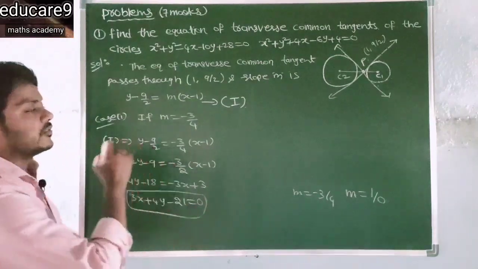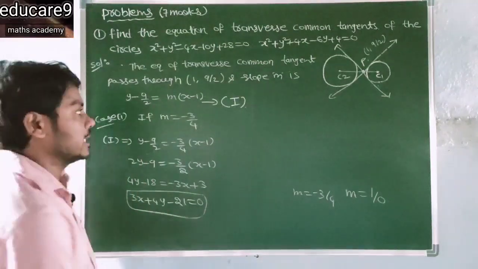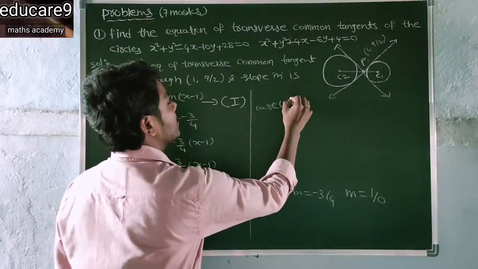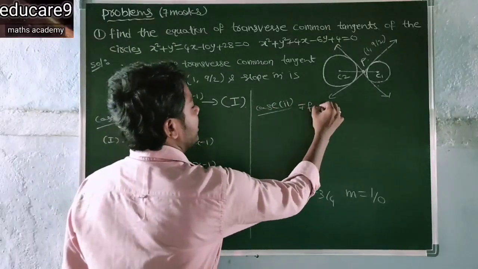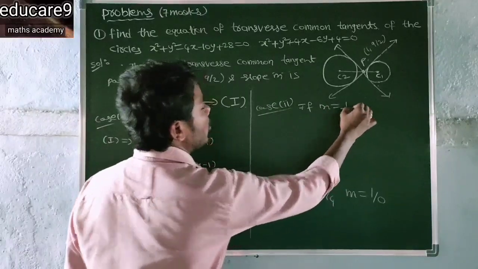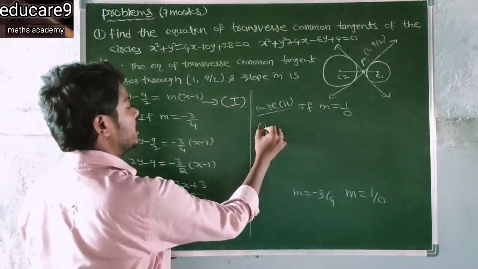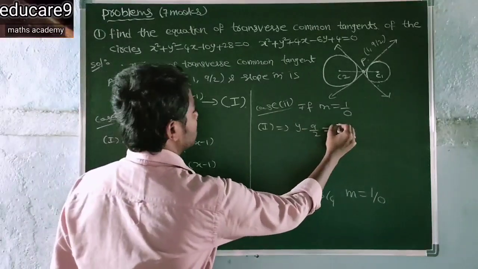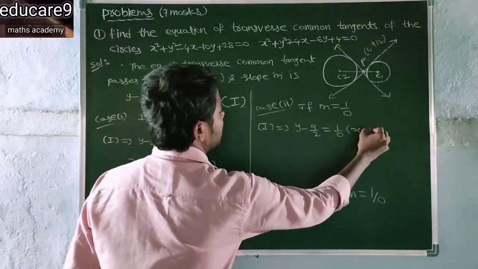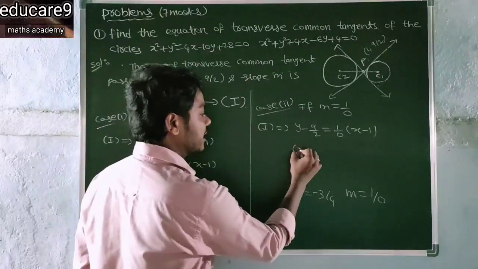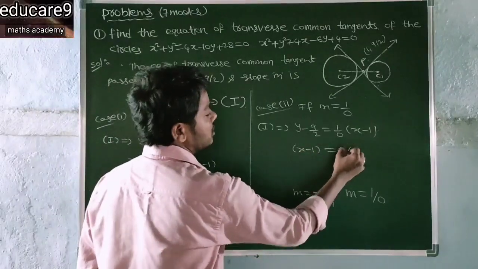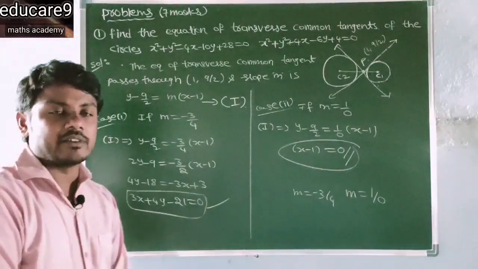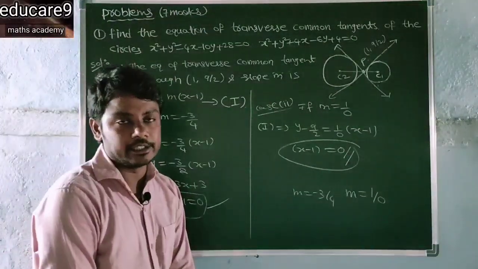This is one of the transverse common tangents. And case 2, if m is equal to 1 by 0, so from equation 1, y minus 9 by 2 is equal to 1 by 0 into x minus 1. So clearly we'll get x minus 1 equals 0. So these two are the required equations of the transverse common tangents.